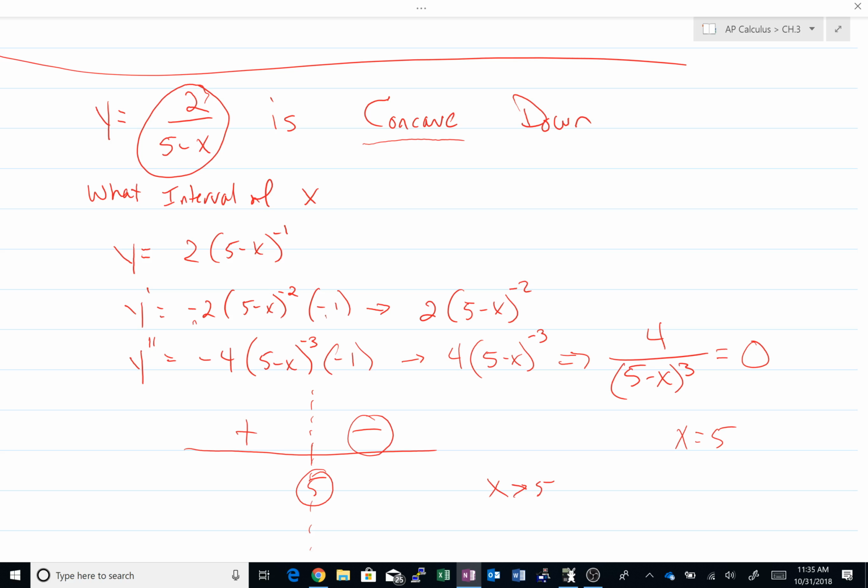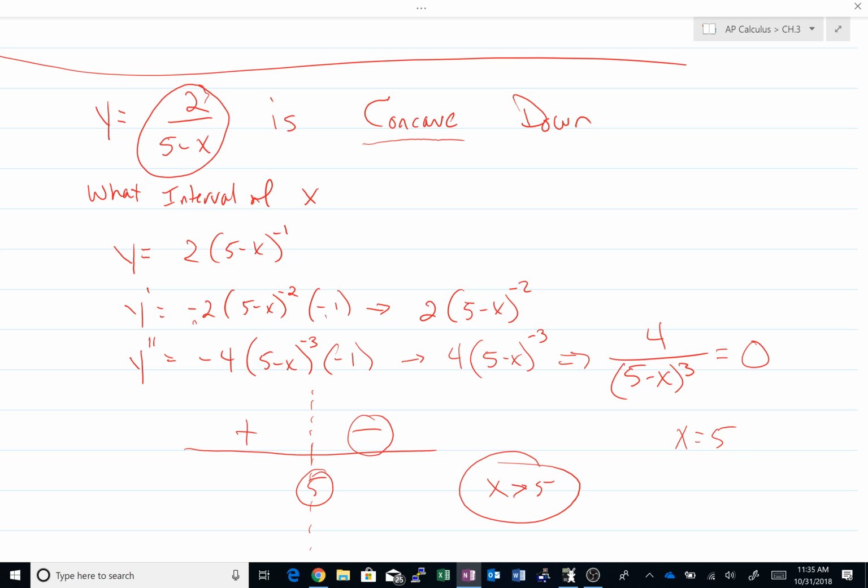The answer is no, because at the point of inflection there is no concavity. You're switching from concave up to concave down, or vice versa, so that's like the crossover point. It's like a black hole, it just goes to nothing. There is no concavity. I was getting confused with that sketch; I was just trying to show you how you have a tangent line.